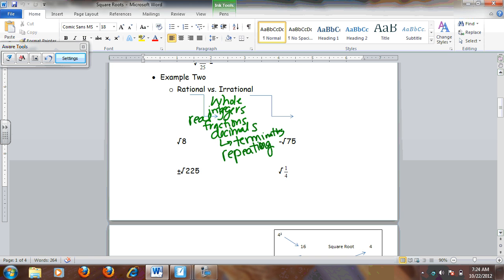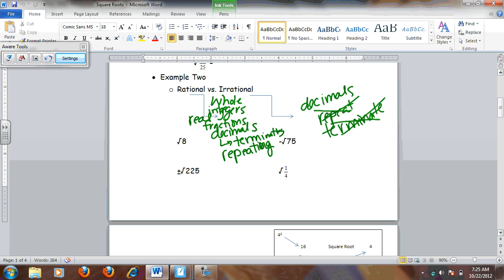We're talking about irrational numbers. We're talking about decimals that do not repeat and do not terminate. Okay?